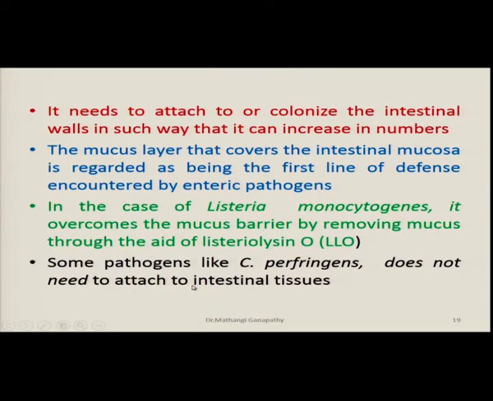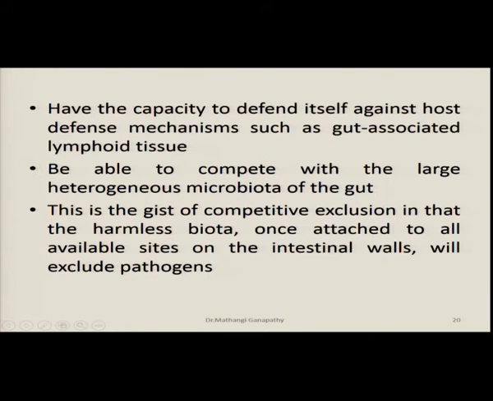Some pathogens, like Clostridium perfringens, do not have to attach to the intestinal tissues. They have the capacity to defend themselves against the host defense mechanism like the gut associated lymphoid tissue. Like your normal immune system, there is a gut associated lymphoid tissue which maintains the immunity inside the gut.